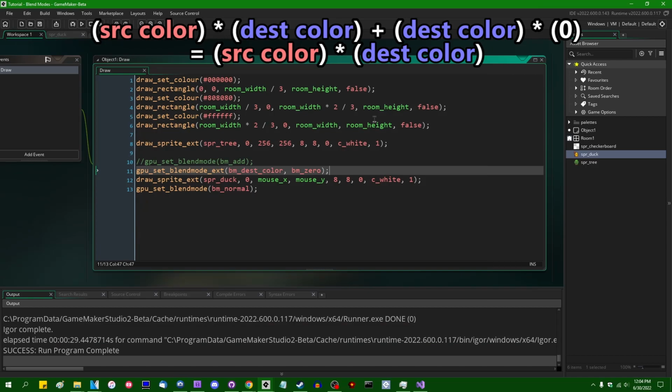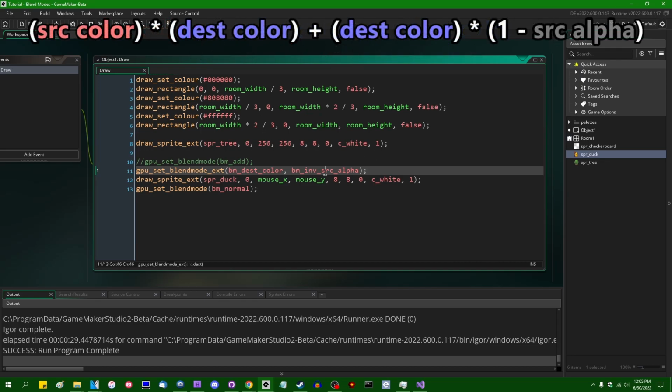So if I were to get out of there, and instead of setting the second term in the destination blending factor to BM_zero, we could set the second term to BM_inv_src_alpha, inverse source alpha over here.